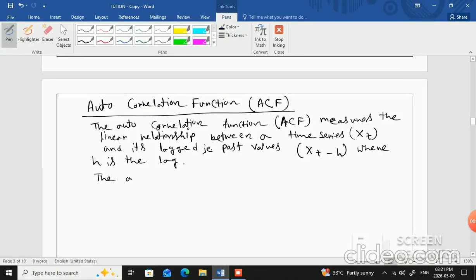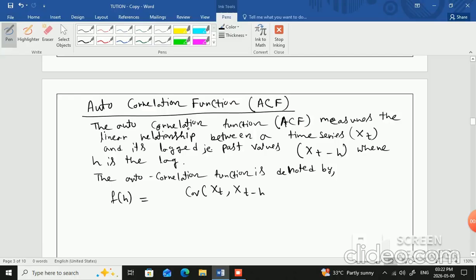The autocorrelation function is denoted by rho h. Rho h equals covariance of xt, xt minus h divided by the square root of variance of xt times the square root of variance of xt minus h.